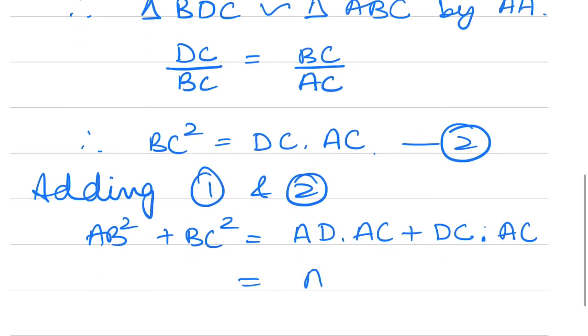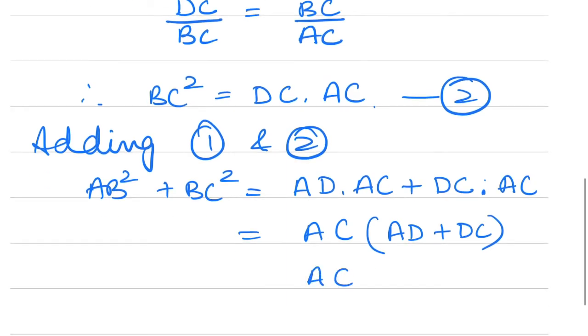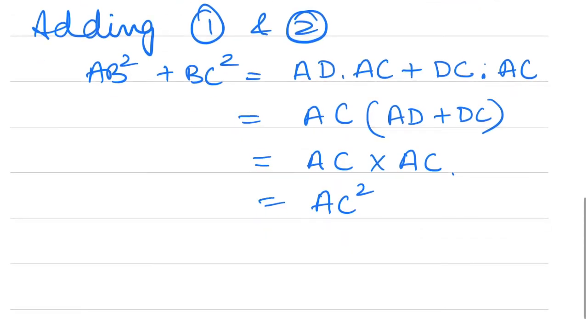Here we have AC common, so we have AD plus DC, and we know AD plus DC is AC, so AC multiplied by AC. So this is equal to AC square, so we get AC square is equal to AB square plus BC square.